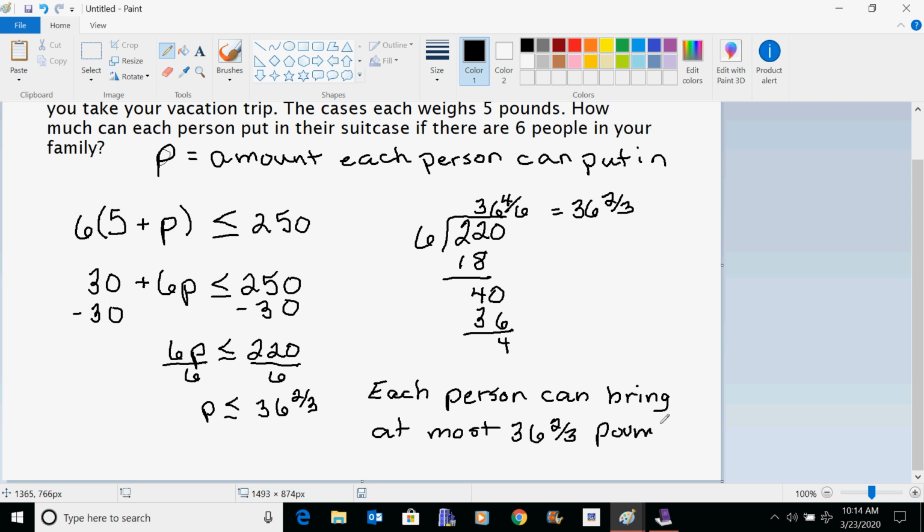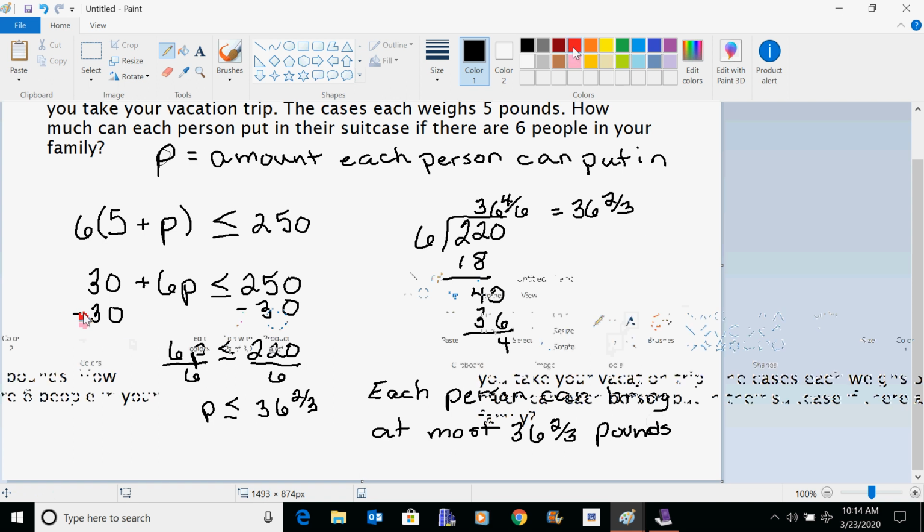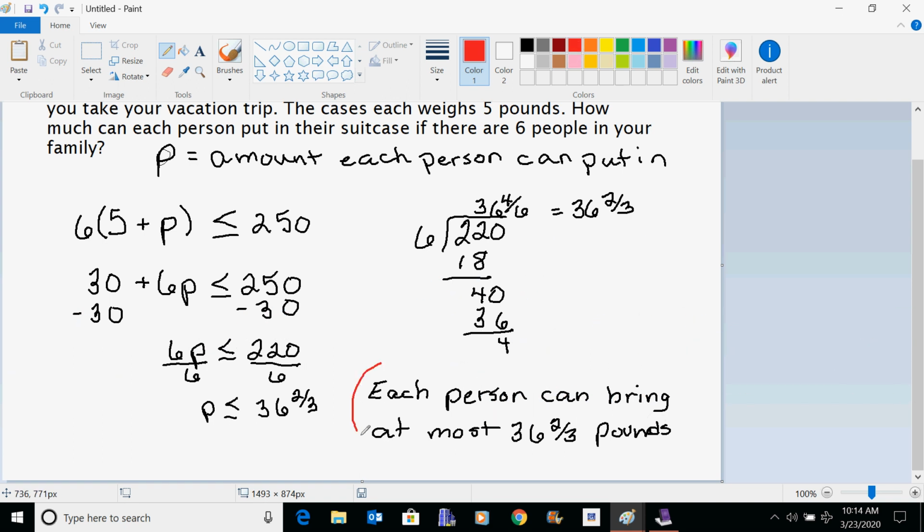Once again, because it's a word problem, we can write an inequality to start solving it, but we need to have our final answer showing the words and what we really meant by that.